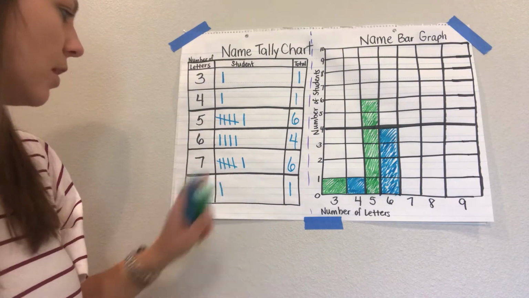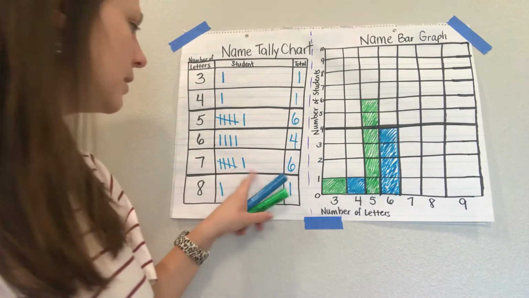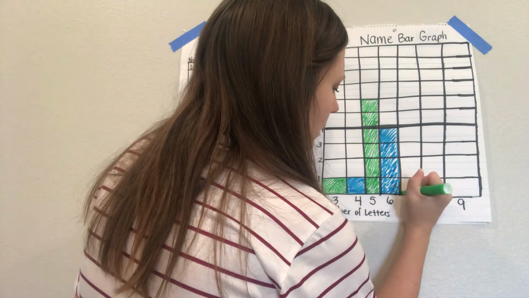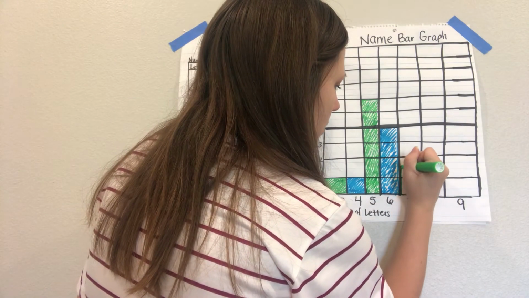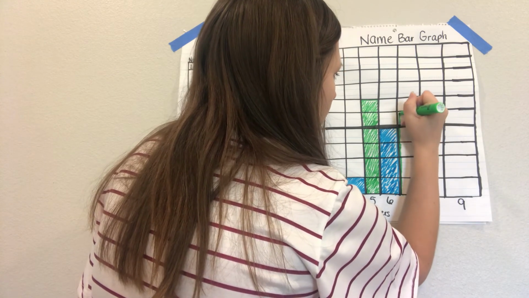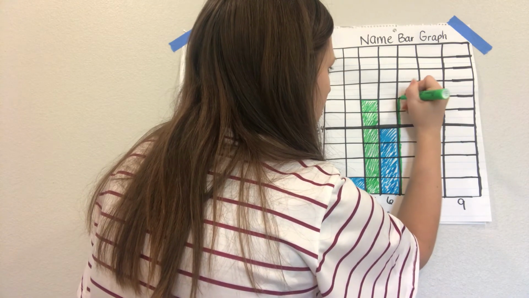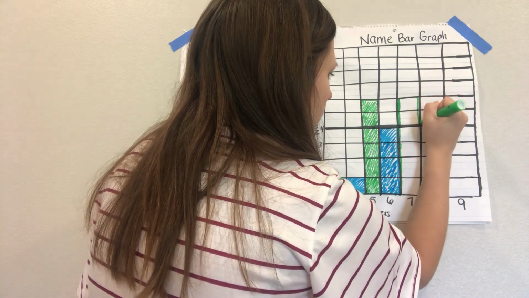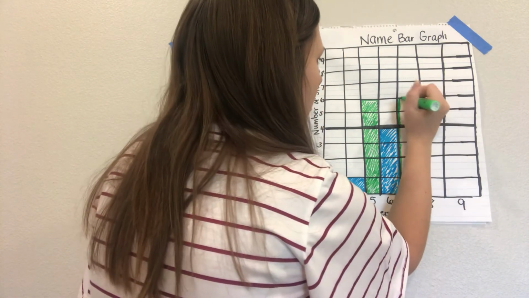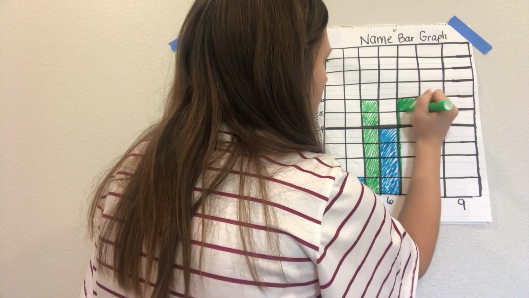You don't have to do it in 2 different colors, but I like to just because it stands out better. All right, 7 letters. We had 6 students with 7 letters. So we need to color in 6 bars. 1, 2, 3, 4, 5, 6. Okay, I'm just going to color all of those in.